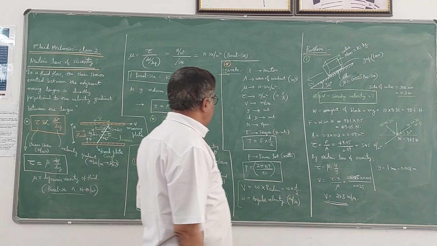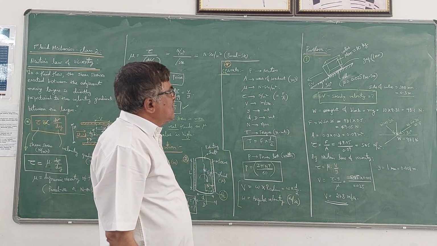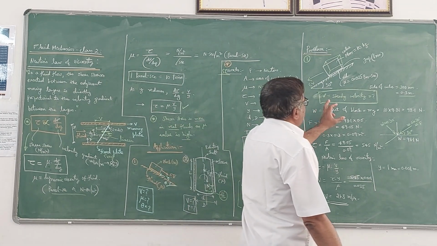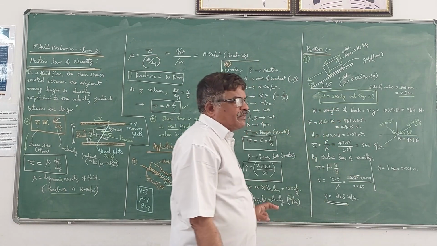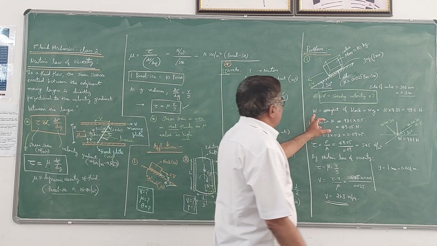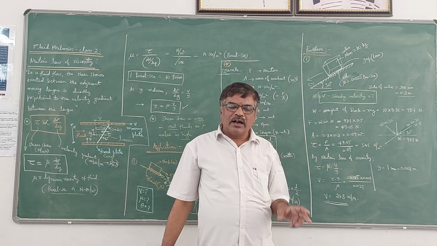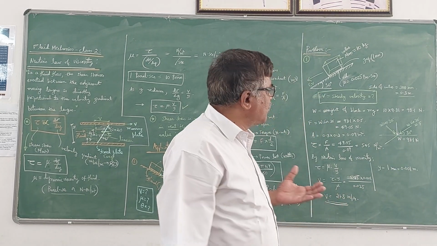Now let us see how we can use this formula to solve the problem. V is the unknown here. We have to find the steady state velocity with which the block starts moving. First I have calculated the weight of the block, which is m into g, because mass is given. You have to multiply by 9.81 to get the weight.